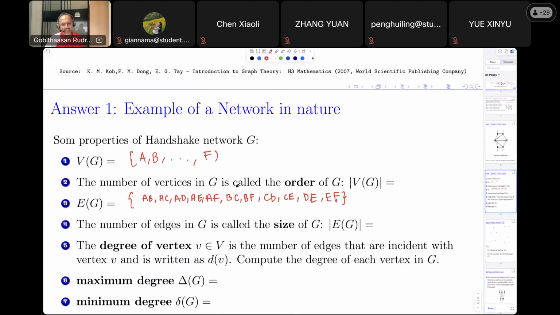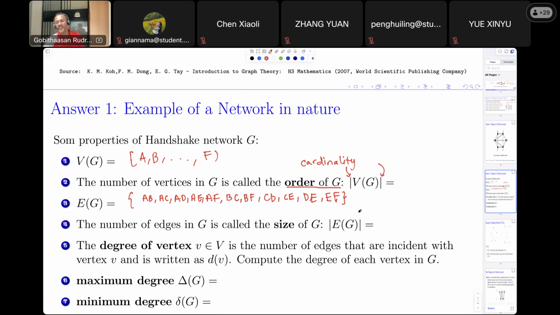The number of vertices in G is called the order of G. So this is another new definition. The order of G, or in mathematics sometimes we call it cardinality. Yeah, cardinality. For the order of G, the cardinality symbol would be the vertical line here.